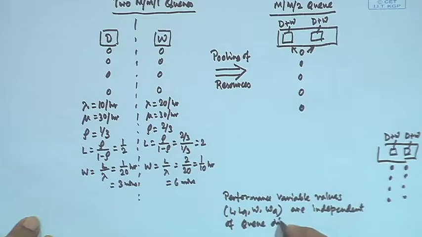What kind of queue discipline? The kind of queue discipline that does not affect the process.